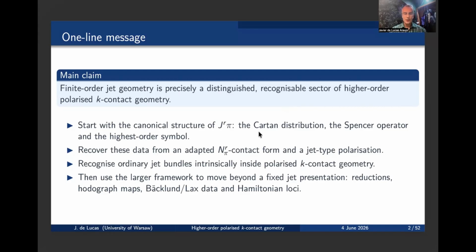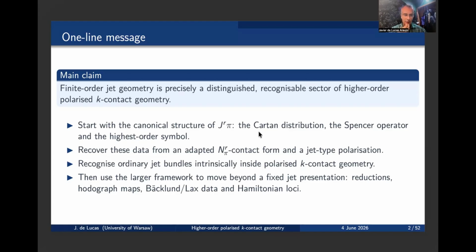The result was known locally for the first-order jet manifold, by Narciso Román, Javier de Lucas, and co-workers. But we will show that this was just one case, and it can be extended to all finite-order jet manifolds.